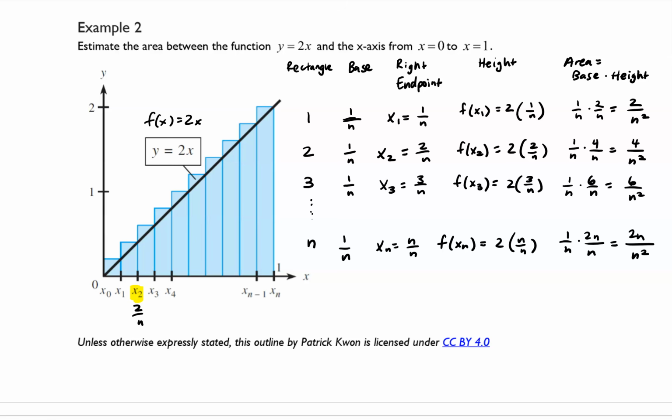So the approximation for the area, which I'm going to call A, is going to be approximately equal to 2 over n squared plus 4 over n squared plus 6 over n squared plus ... up to 2n over n squared, that last term here. And each of these terms represents the area of one of those rectangles.